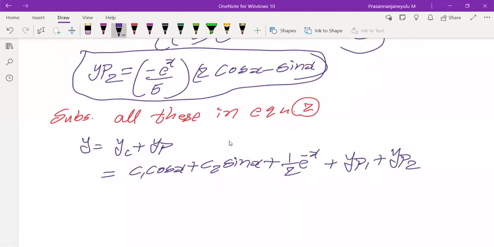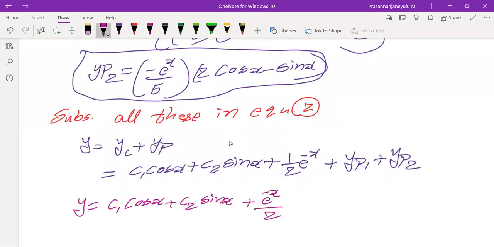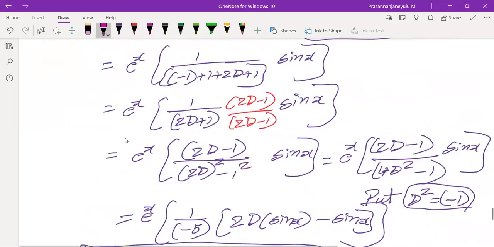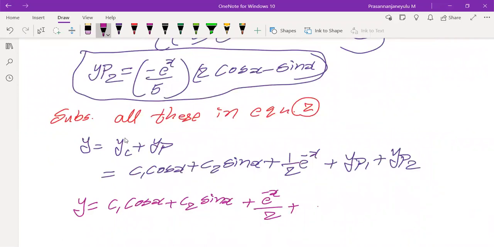So now the final step. y equals c1 cos x plus c2 sin x plus e power minus x whole by 2 plus yp1, which is x cube minus 6x, plus yp2, which is minus e power x by 5 into 2 cos x minus sin x.